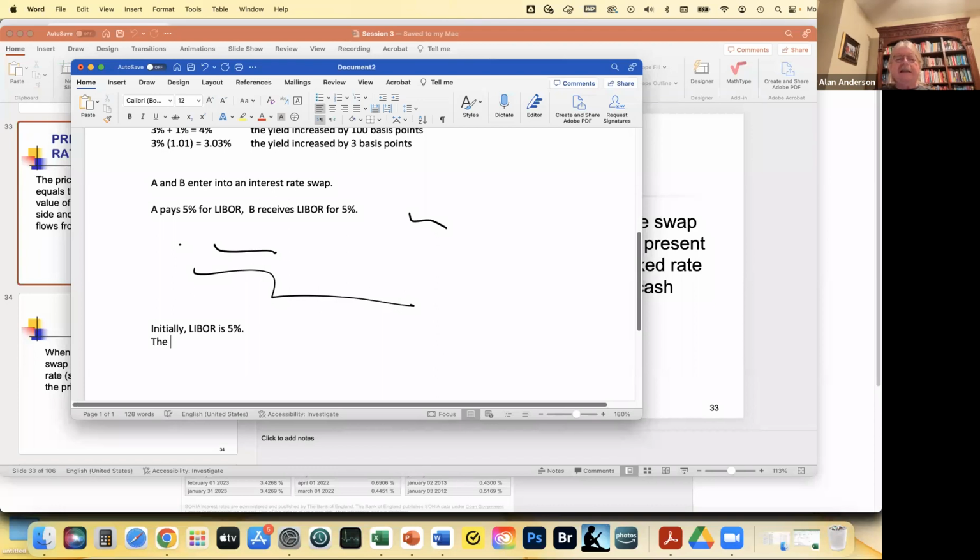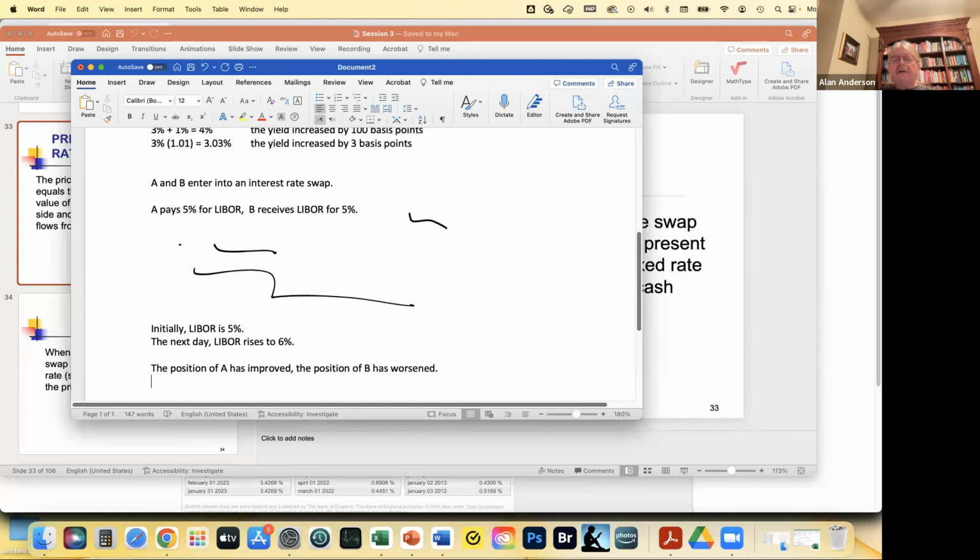The next day, LIBOR rises to 6%. So this means that A's position has improved. The position of B has worsened.